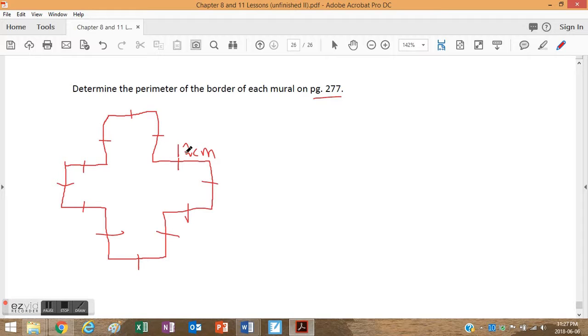So I have 12 centimeters for each of these sides. There's 12 of them. 12 centimeters times 12 equals 144 centimeters.